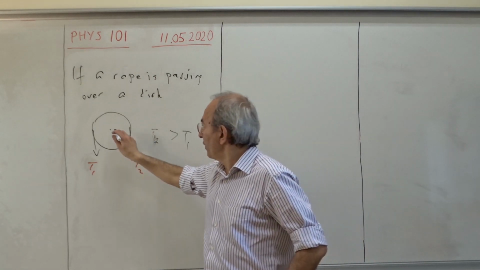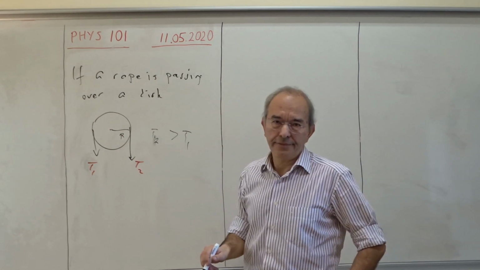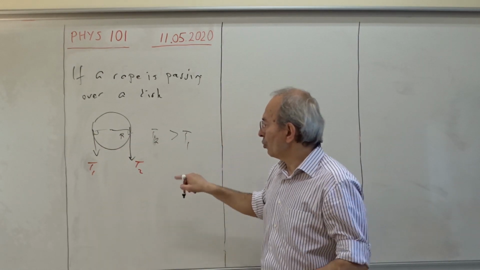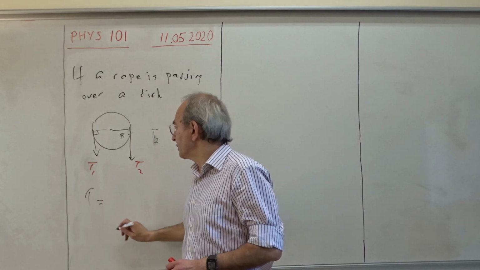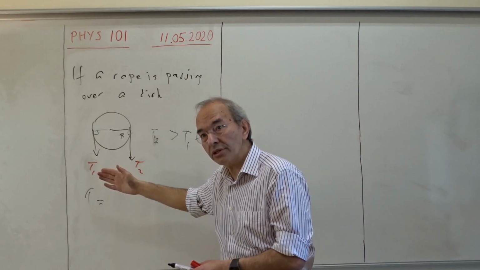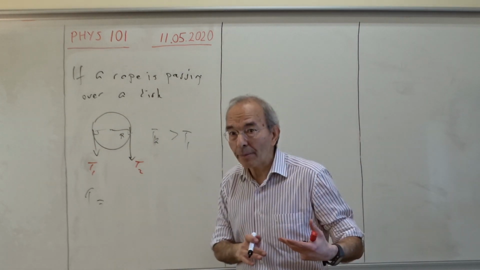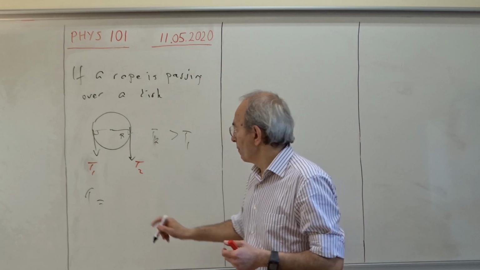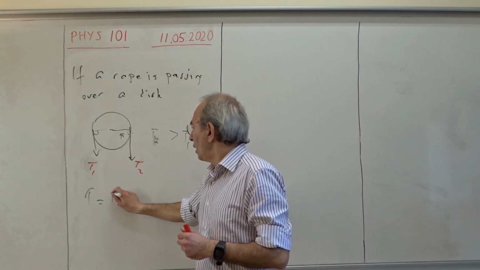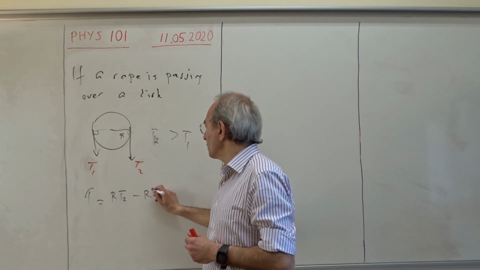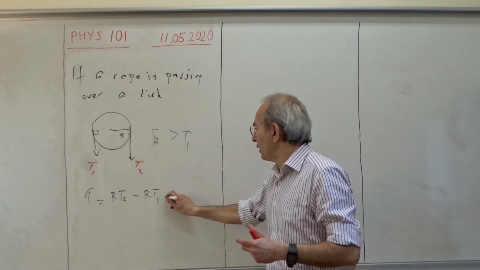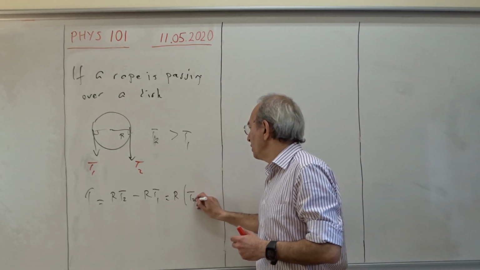And that is the radius R. As you see, they are at right angles, so the torque is, since T2 will try to rotate it clockwise, but T1 will try to rotate it counterclockwise, we have to subtract the torques. Since they are applied at the same radius, it is R times T2 minus R times T1. So you can write this R times (T2 minus T1).